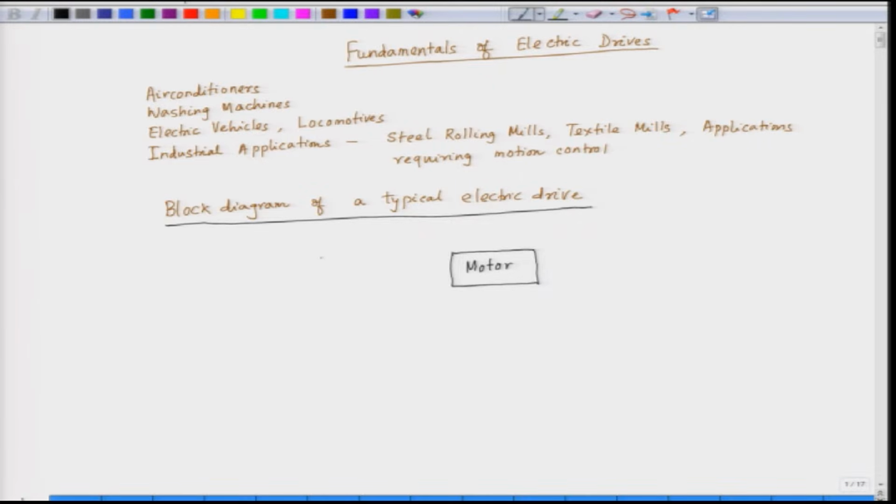and this motor is supplied from what is called a power modulator. This feeds the motor, and the power modulator gets the power from a power supply.